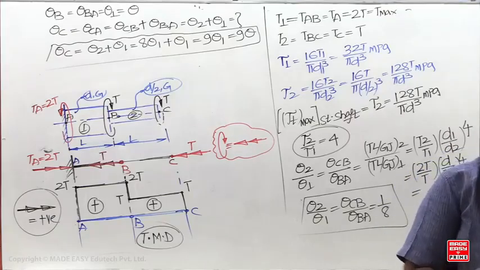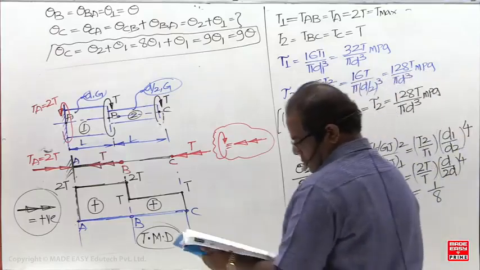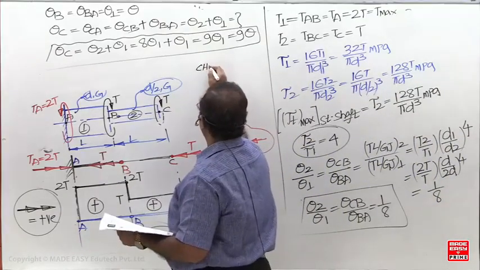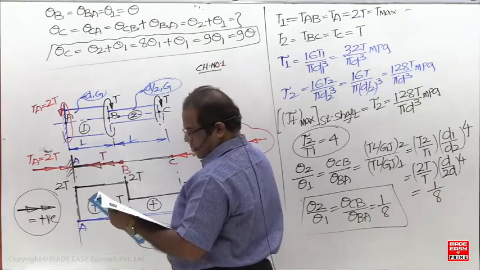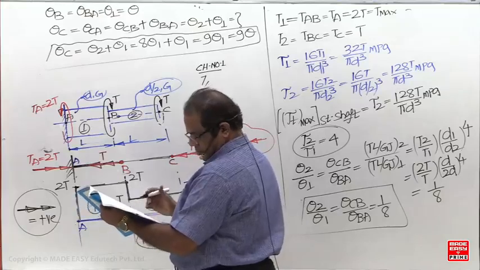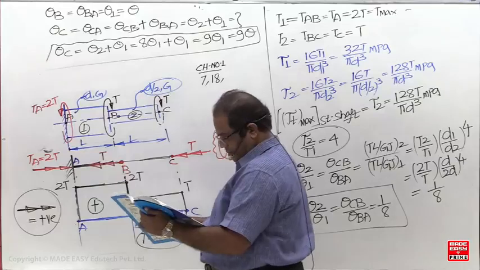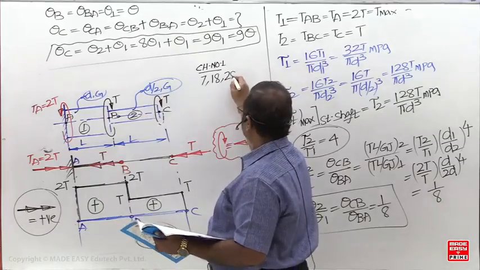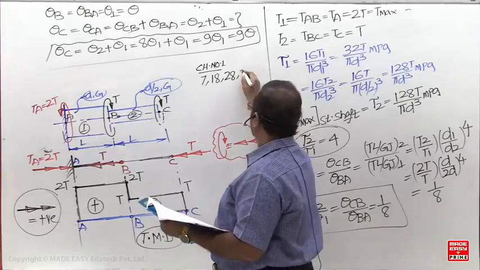Now complete these questions. Chapter number 1: question numbers 7, 18, 28 and 39.